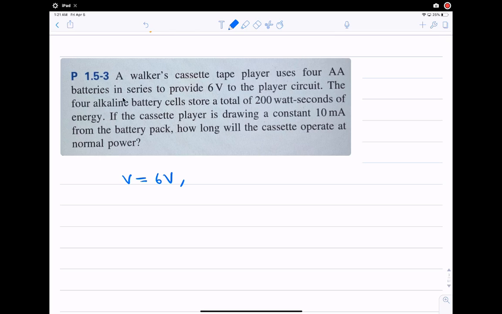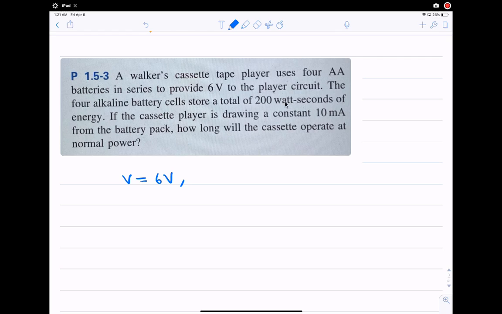To the player circuit. The 4 alkaline battery cells store a total of 200 watt second. Now, if you did not know what this term is, you can take a look at the unit, watt seconds. The unit watt is the unit for power, and the unit second, of course, for time.